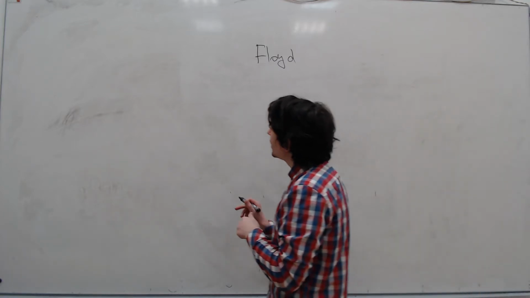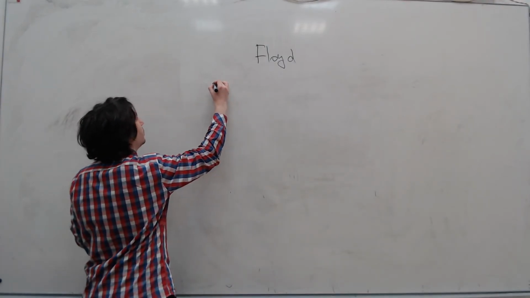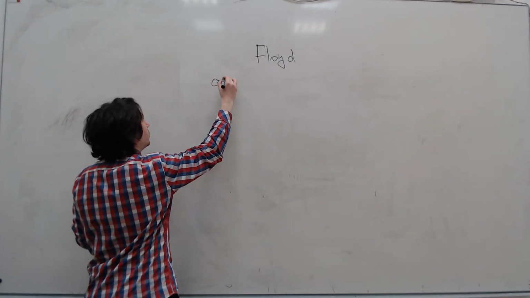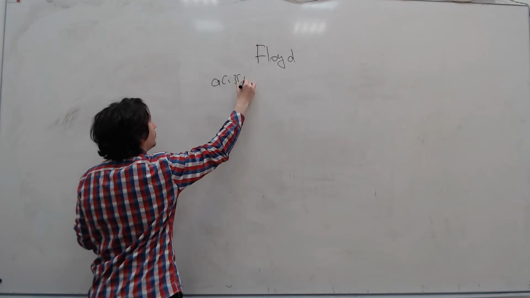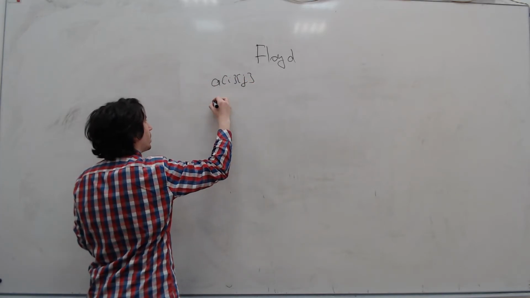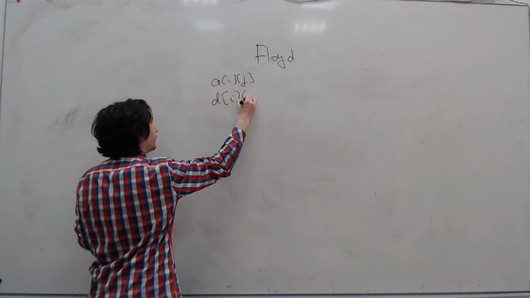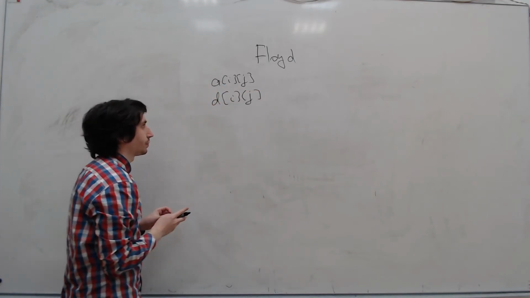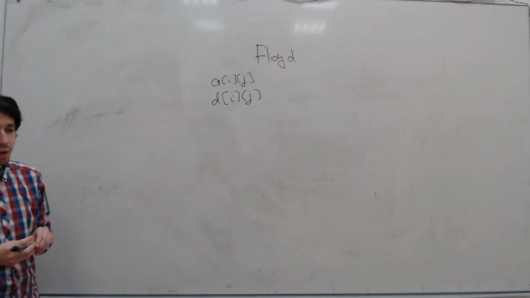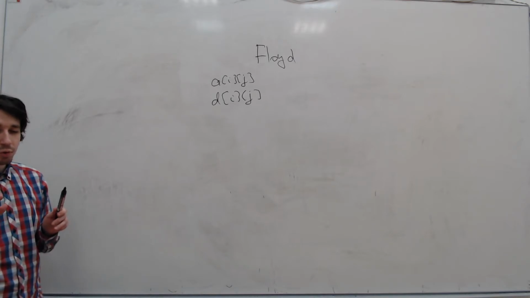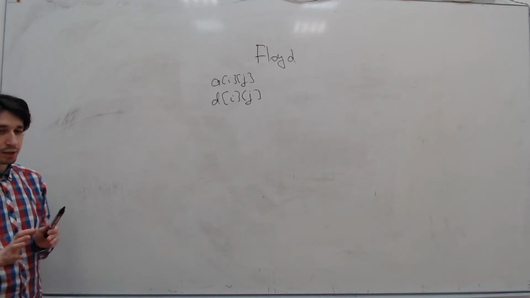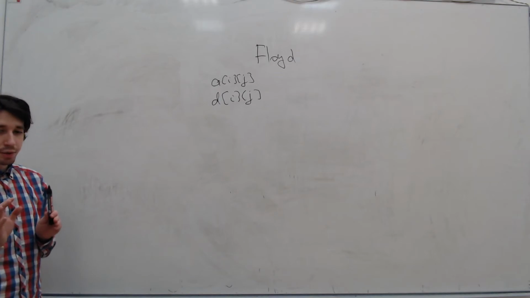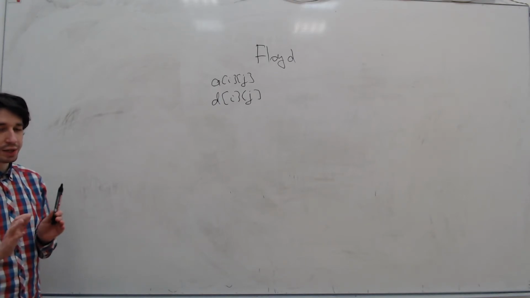So we are given an adjacency matrix A_ij, and we want to calculate d_ij. I will write the code right now, and then I will try to explain why this works.